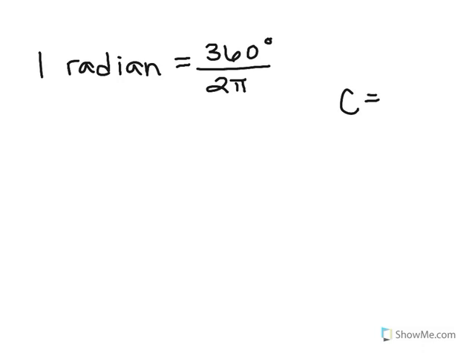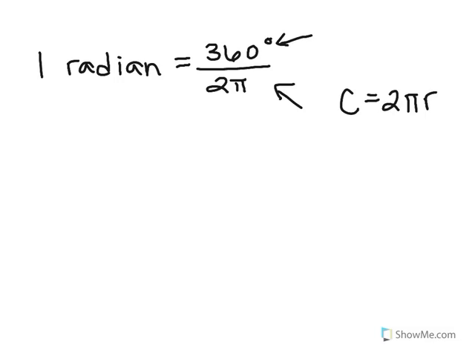The circumference of any circle is equal to 2 pi r. So if r was equal to 1, if we were dealing with our unit circle, then the circumference would just be 2 pi. So what I'm trying to do here in this formula is take a full entire circle, 360 degrees, and divide it by however much of my circle that I have.